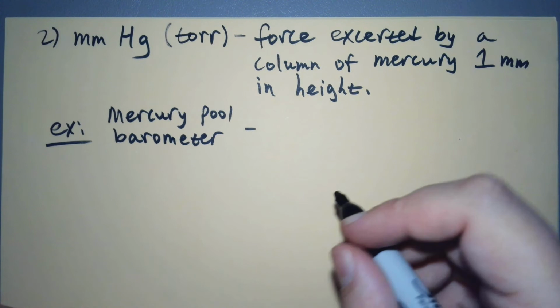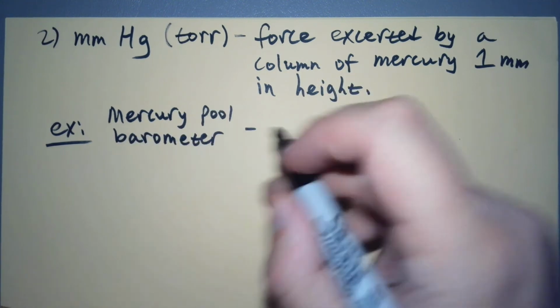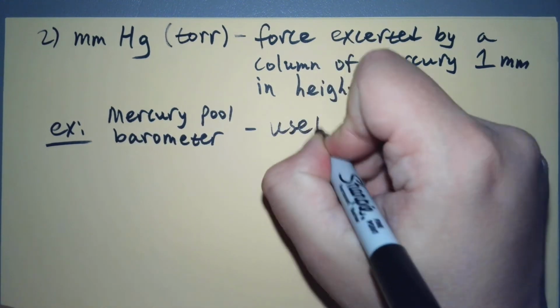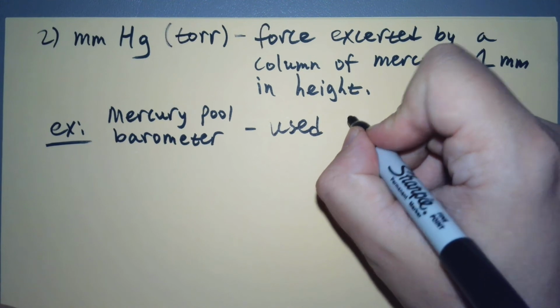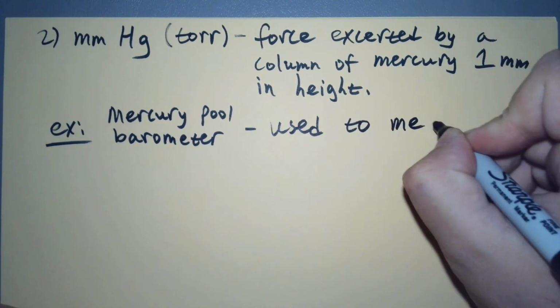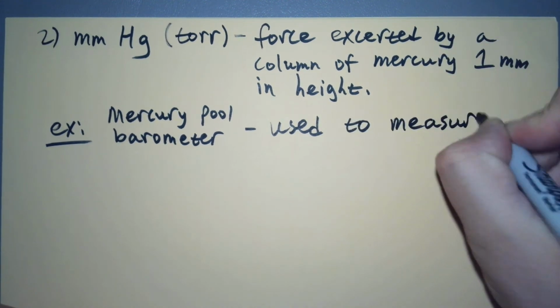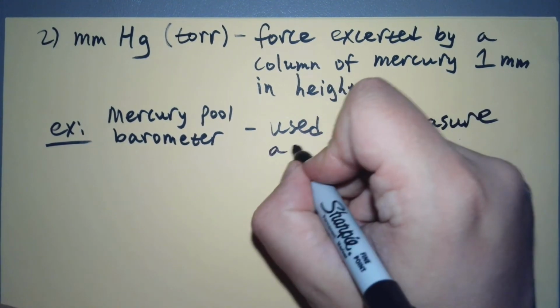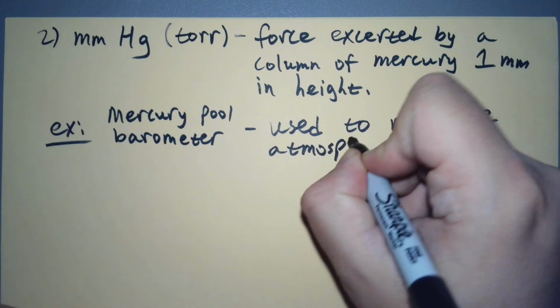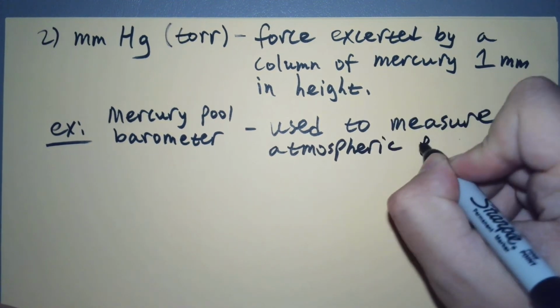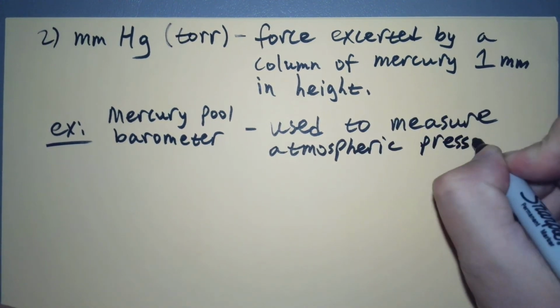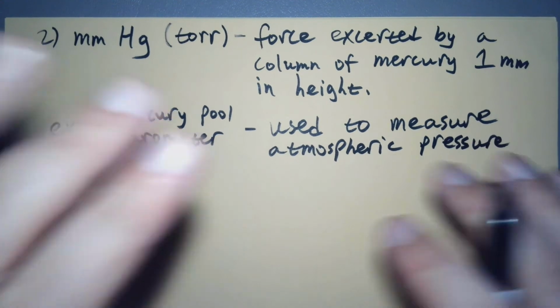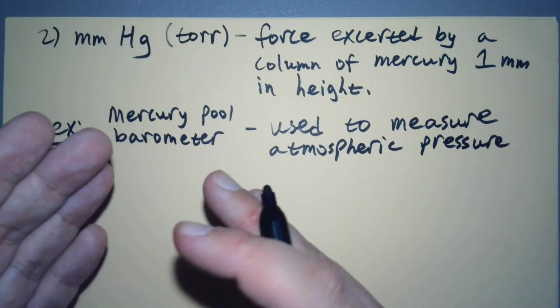And so one of the early ways to measure these changes in atmospheric pressure was to use mercury. So it's used to measure atmospheric pressure. And the nice thing about mercury is it's dense. And so to get a nice force, to get a weight, you don't need as much.